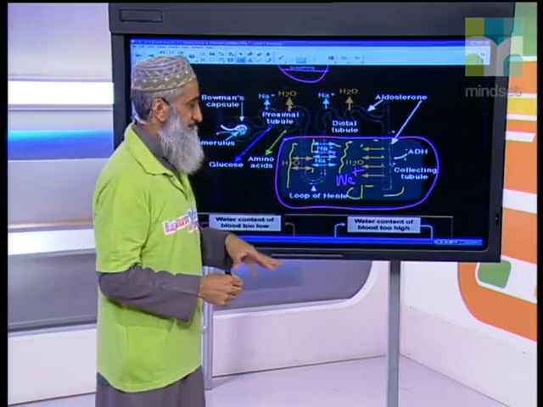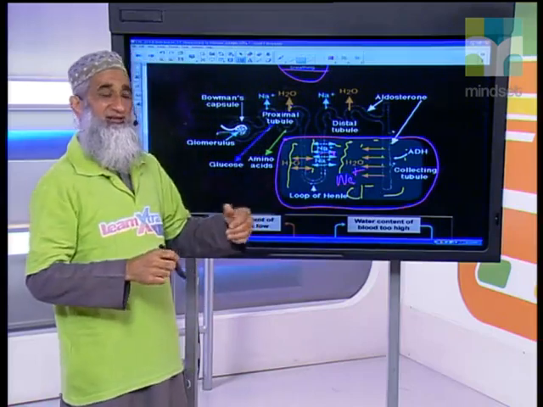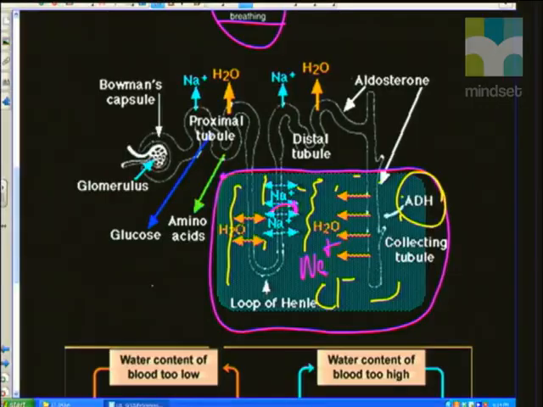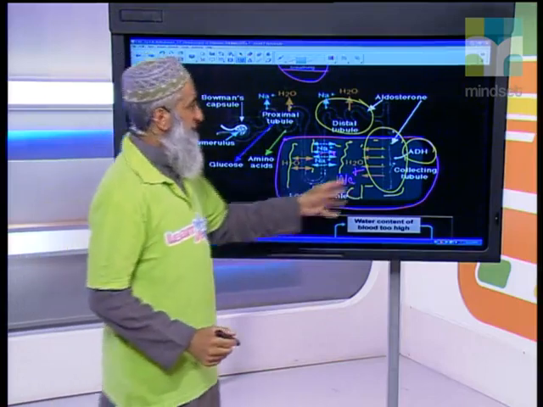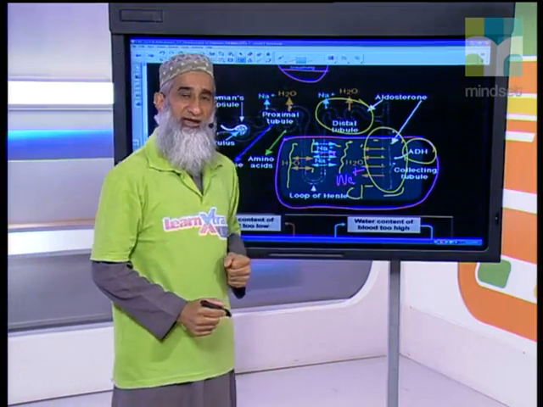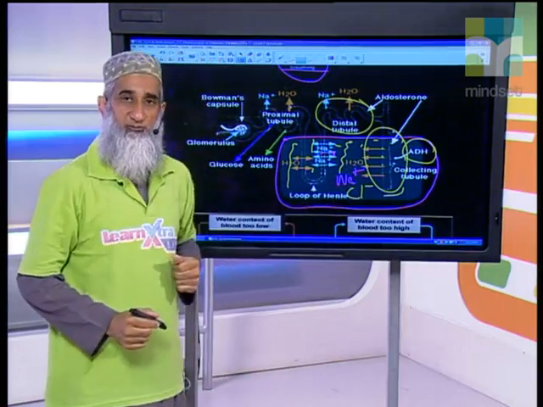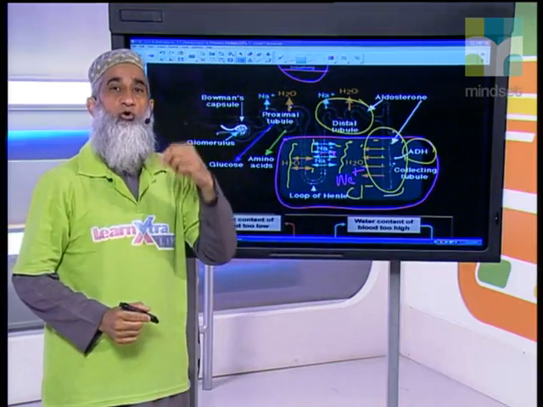At the same time, if ADH is secreted, it causes this area here and this area here to be more permeable to water, meaning allowing water to pass through. So in that case, we will reabsorb more water, and the water will be back into the blood, and our urine will be more concentrated.